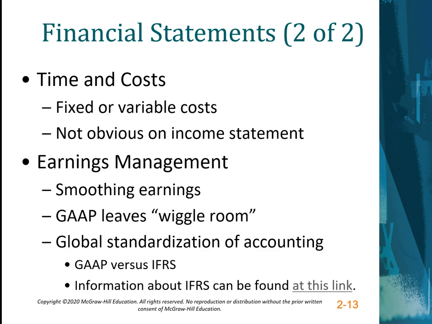So sometimes they will make decisions that manage earnings, or make it appear as if they're steadily building income, when in fact that may not be the case. There is some wiggle room to do this with GAAP, but it's frowned upon in general and can lead to big problems.